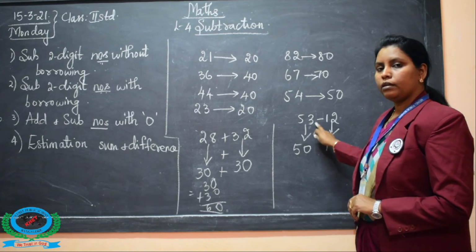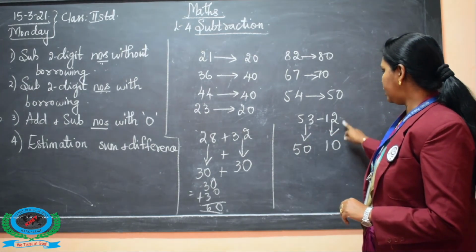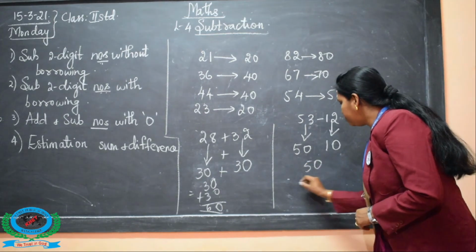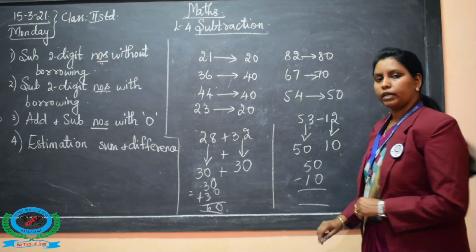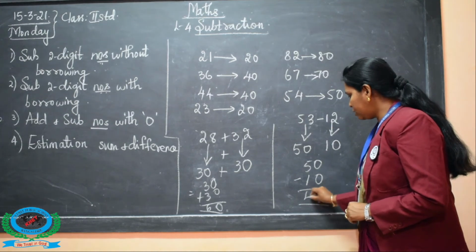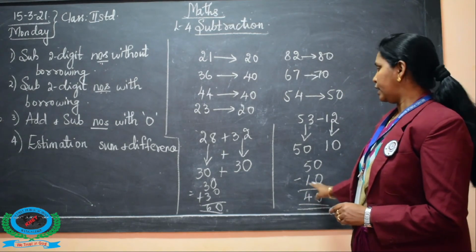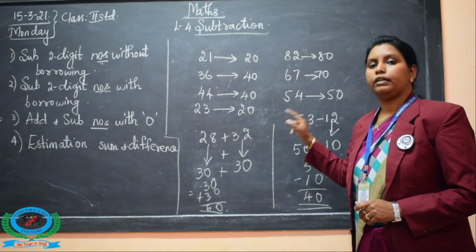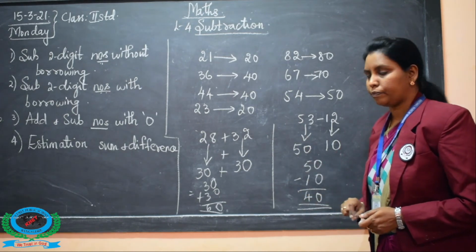Children, the estimated number of 53 is 50, estimated number of 12 is 10. Now you subtract 50 minus 10. What is the answer you are getting? 0 minus 0 is 0, 5 minus 1 is 4. So 40 is the estimated difference of these two numbers. Difference is the subtraction and sum is the addition.